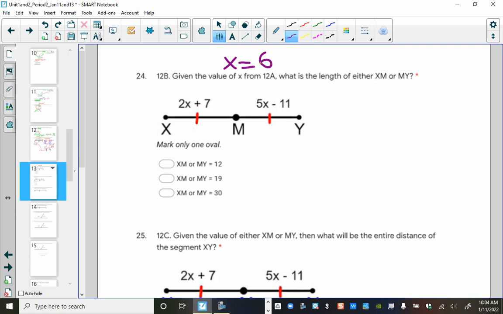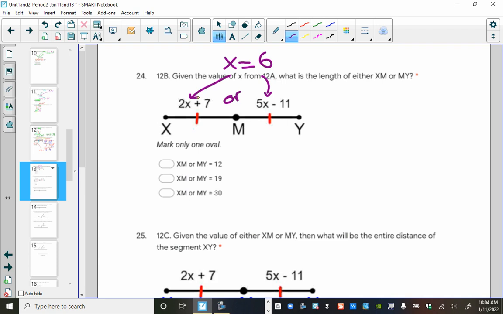Remember, you can put it in either one of these. So in either case, what would be the length of either of those smaller segments? Who got it? Okay, Joey's saying 19. Remember, you already solved for x.